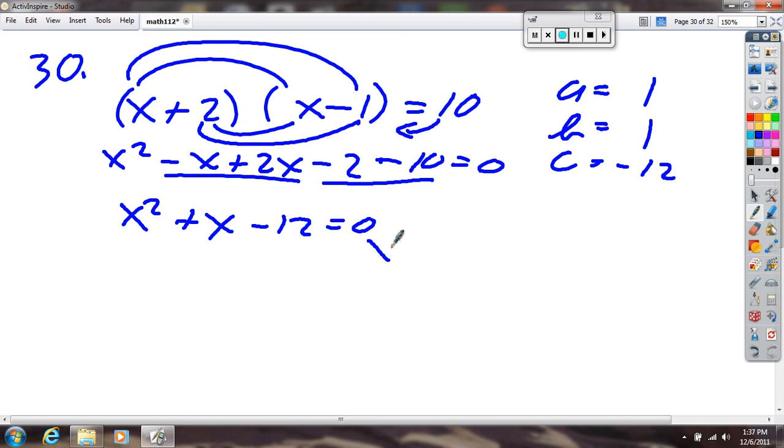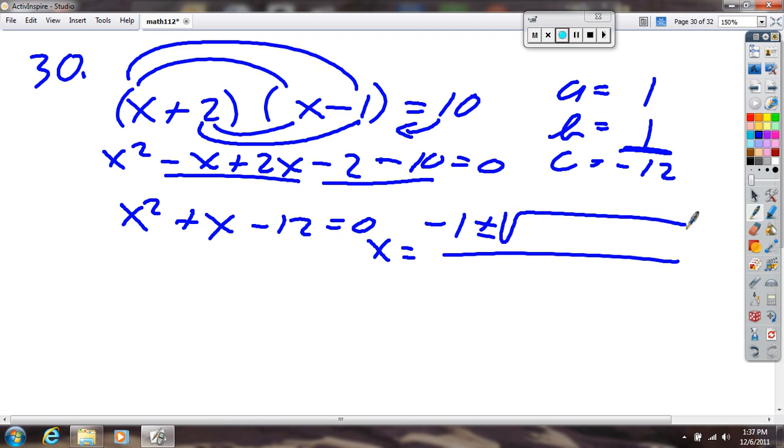So what is x equal to? The opposite of B. Well, B is positive 1, so the opposite is negative 1. Plus and minus the square root of. What is B squared? B squared is 1. Minus 4 times A times C. 1 times a negative 12 is a negative 12.